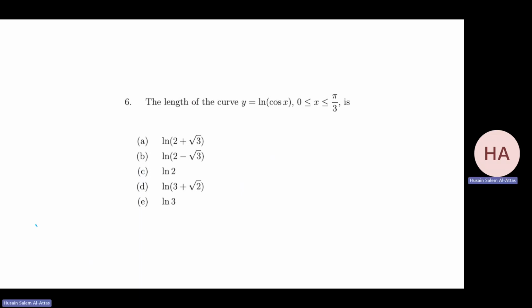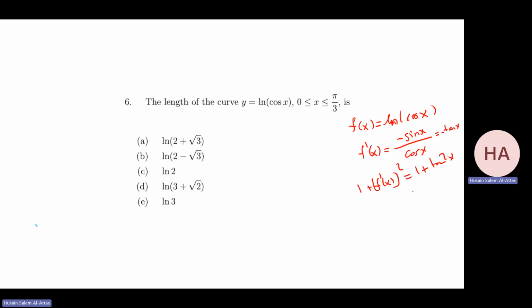I think there are some problems with repetition, but it's okay. F of x equals cosine x, so f prime is minus sine over cosine, minus tan. 1 plus f prime of x all squared is 1 plus tan squared, and that is secant squared.